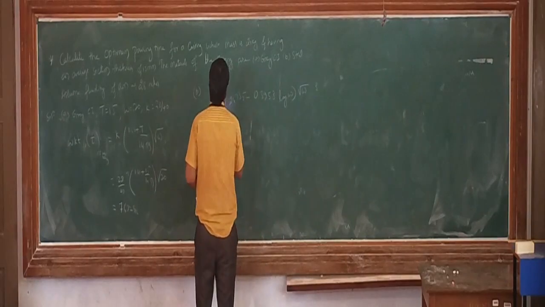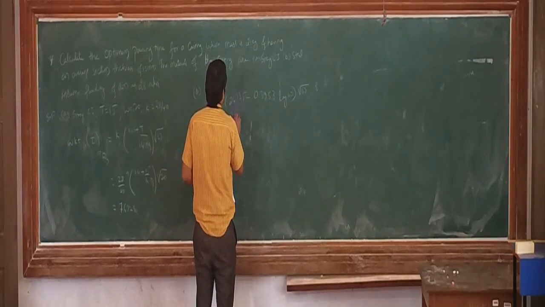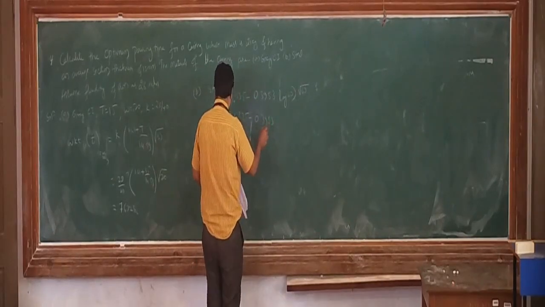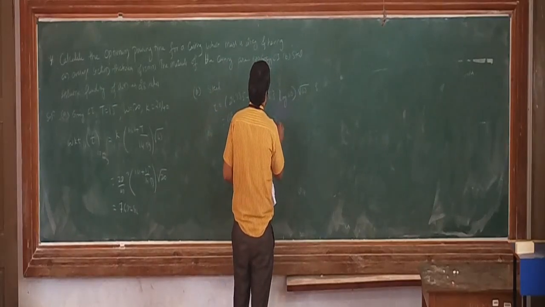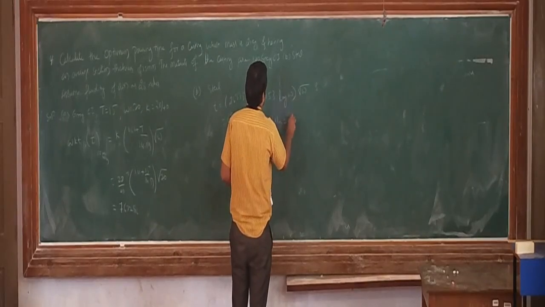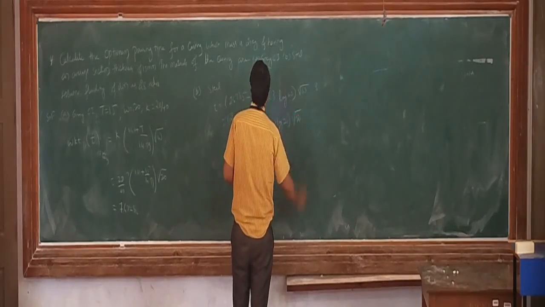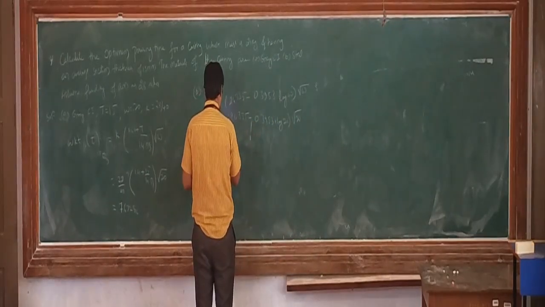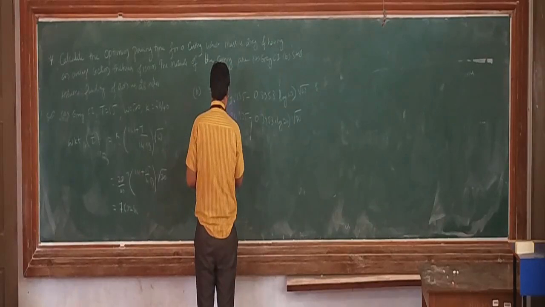So write this as it is, 2.4335 minus 0.3953 into log of 20, times the square root of 20. So this is going to be 8.5825 seconds.